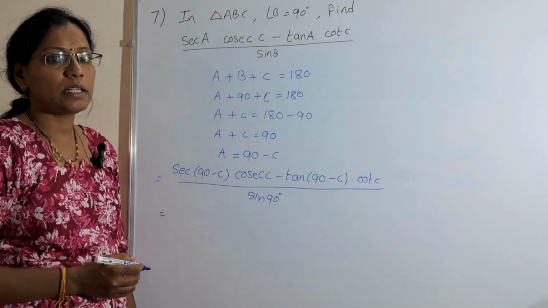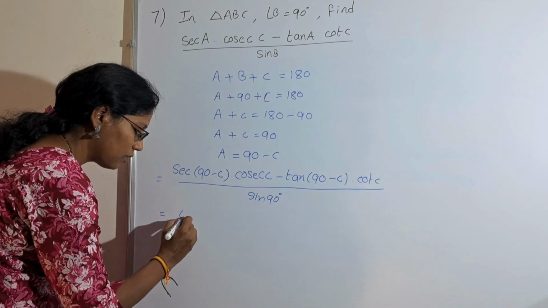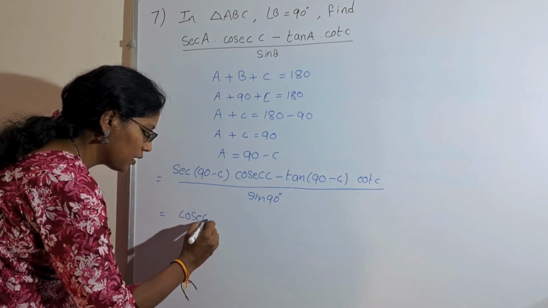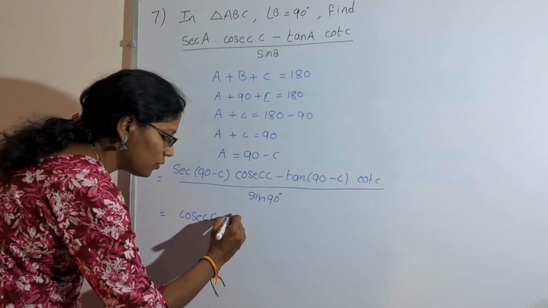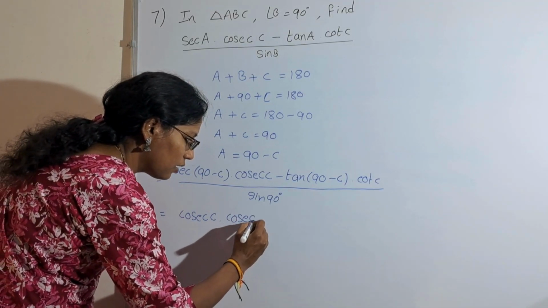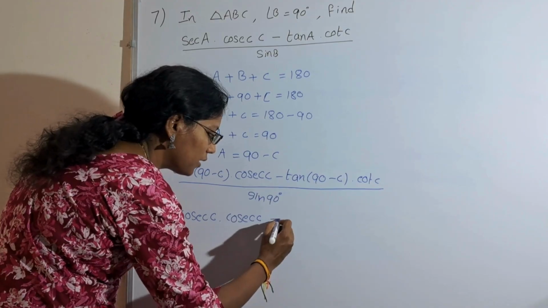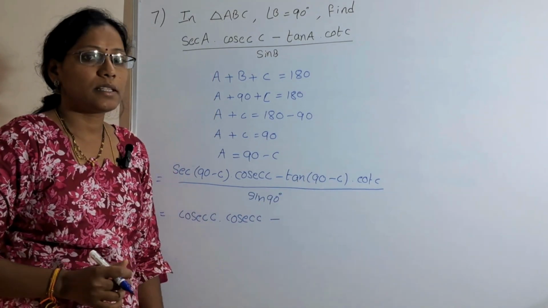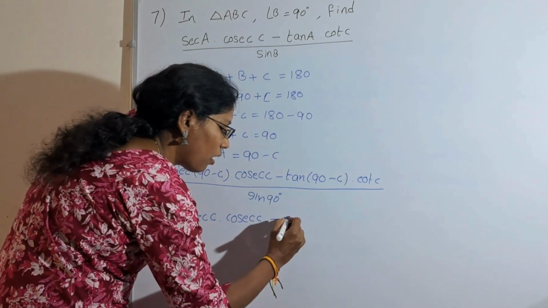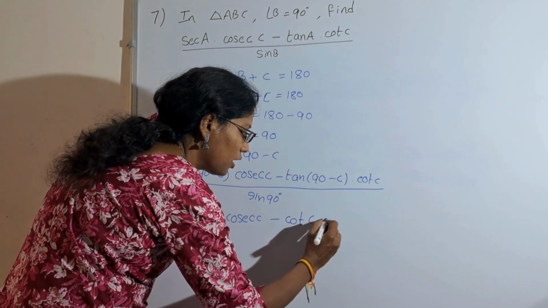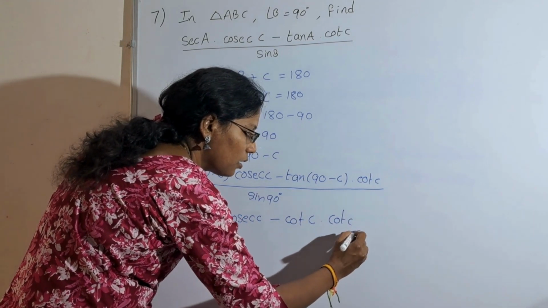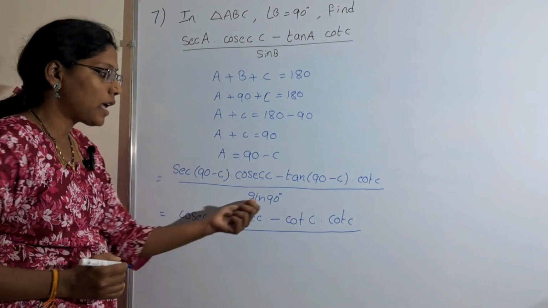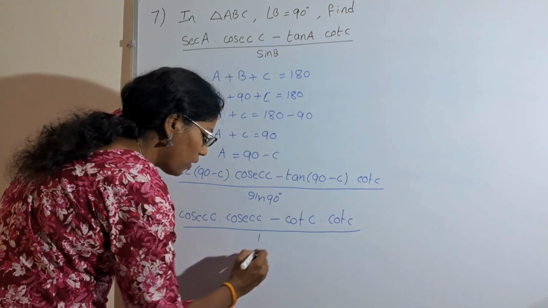Secant of (90 minus C) is, by the complementary angle, cosecant C, into cosecant C, minus tan of (90 minus C), which by the complementary angle is cot C, into cot C, by sin 90 degrees, whose value is 1.